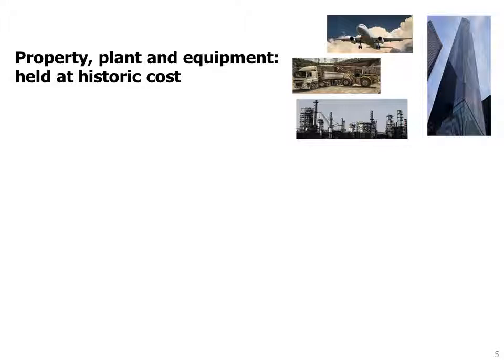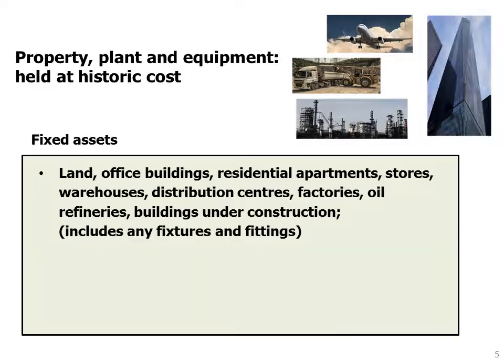Property, plant and equipment held at historic cost comprises a firm's operating assets, and it's made up of land, office buildings, residential apartments, stores, warehouses, distribution centres, factories, oil refineries, buildings under construction, and includes any fixtures and fittings.